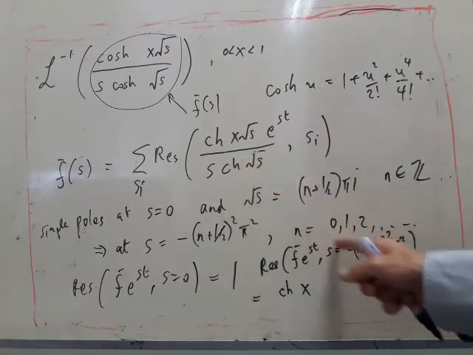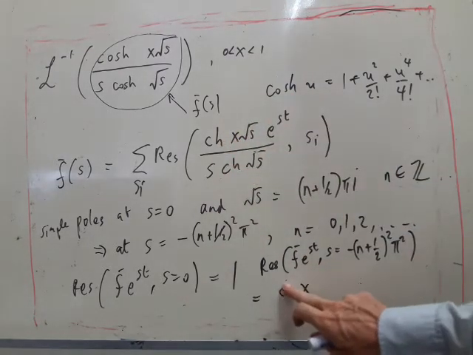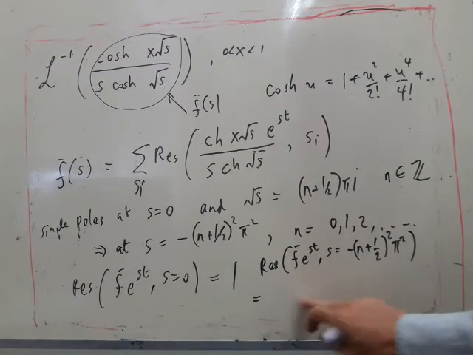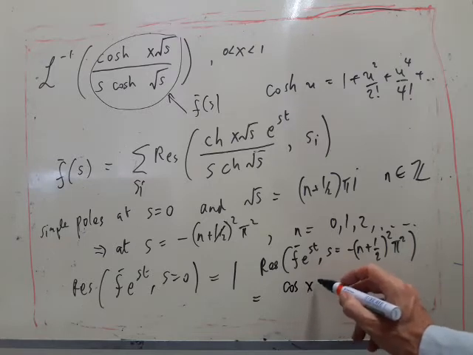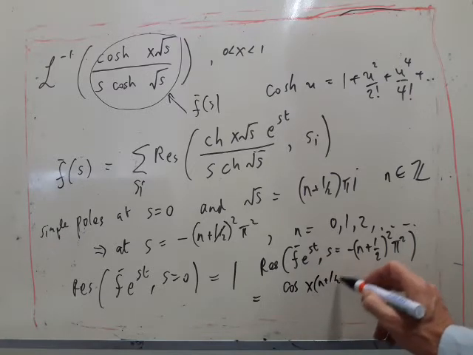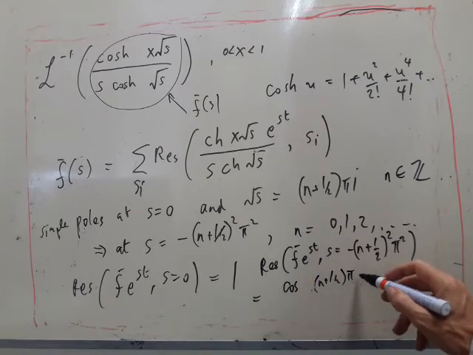The square root will give me an i, so cosh of i something is the same as cos, so I may as well just put that right in there. So I've got cos of x times n plus a half pi, maybe I'll put this the other way around.